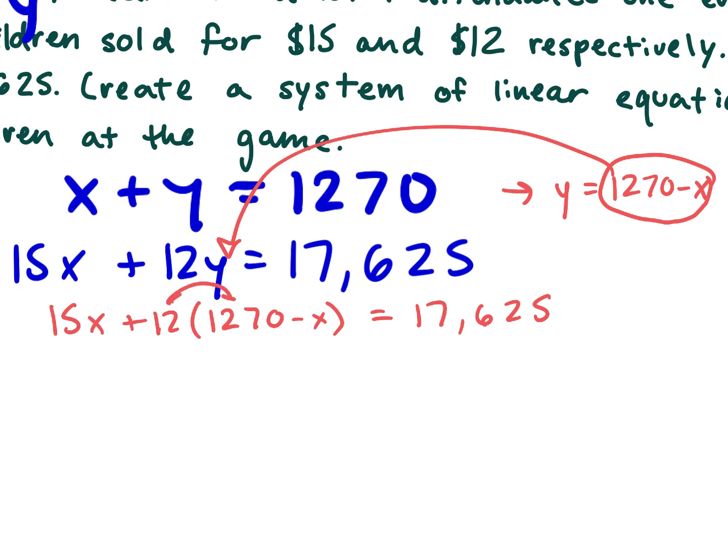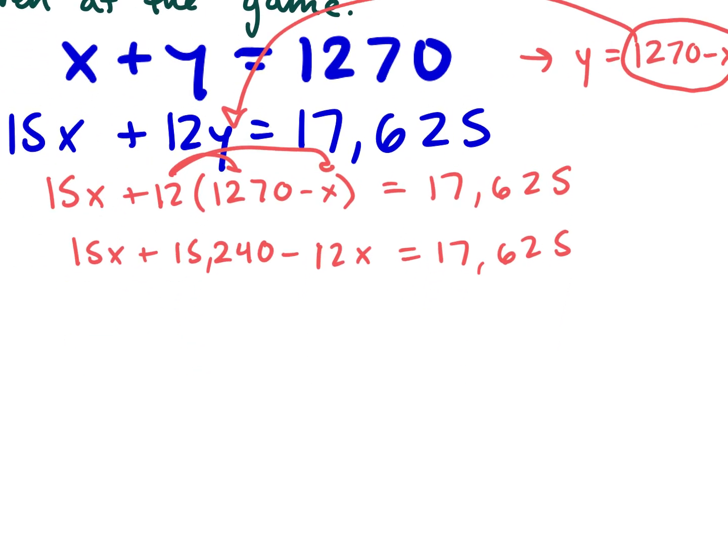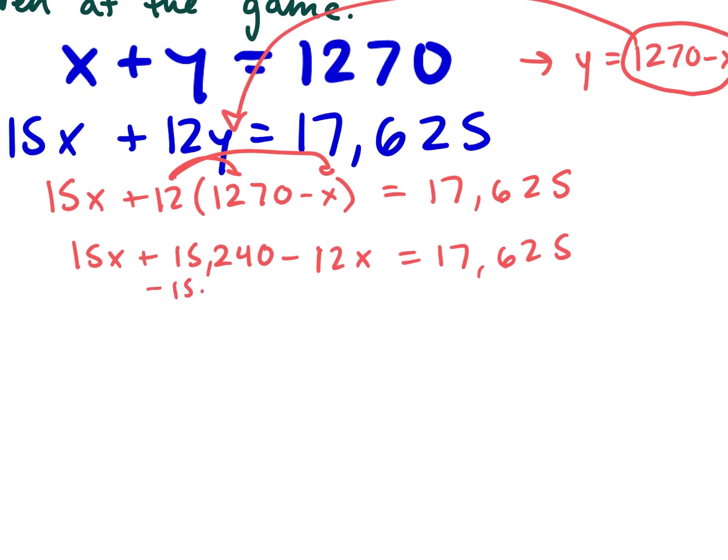Distribute. That's 15x plus 15,240 minus 12x is equal to 17,625. Combine like terms.